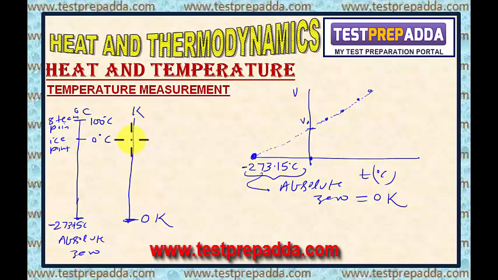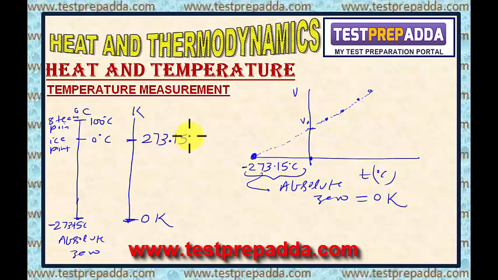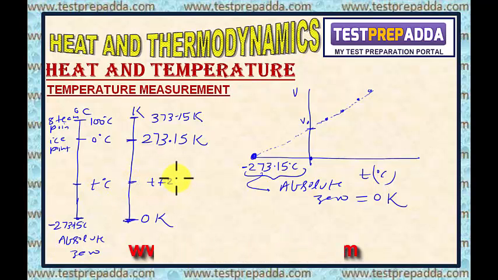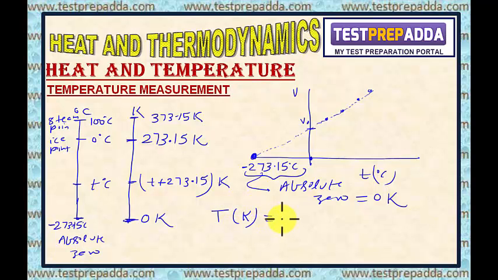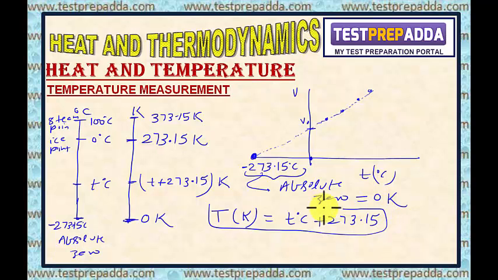So 0 degrees Celsius will be written as what? 273.15 Kelvin, and 100 degrees Celsius will be written as what? 373.15 Kelvin. So in general, T degrees Celsius in Kelvin becomes T plus 273.15 Kelvin. So temperature in Kelvin is actually temperature in degrees Celsius plus 273.15. My point is clear.